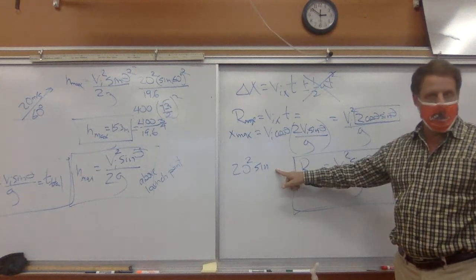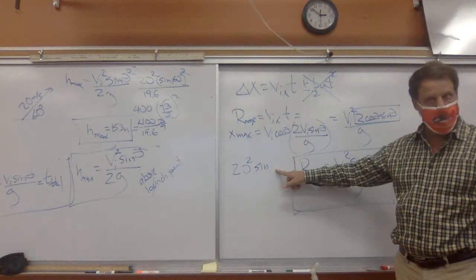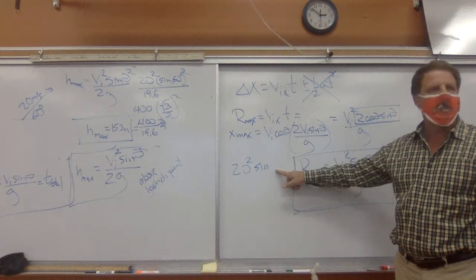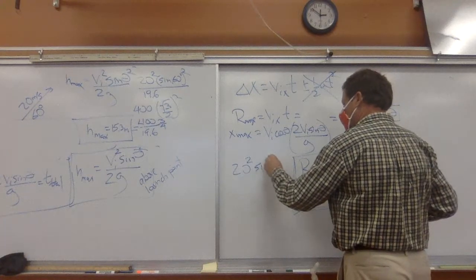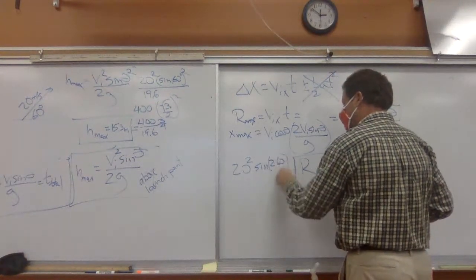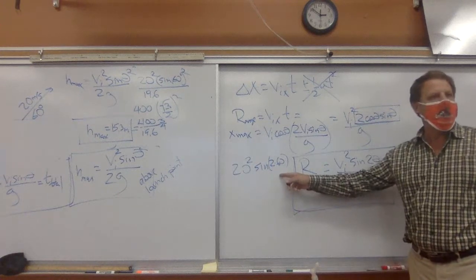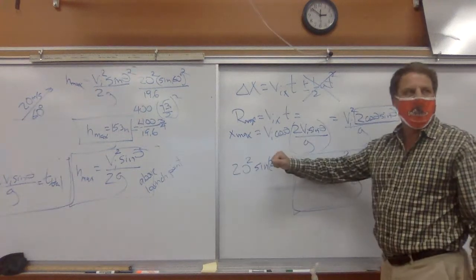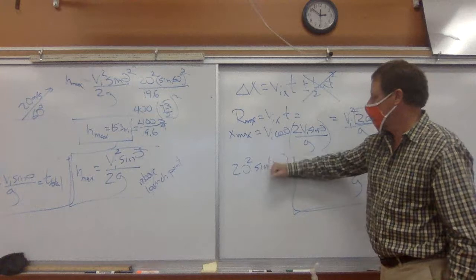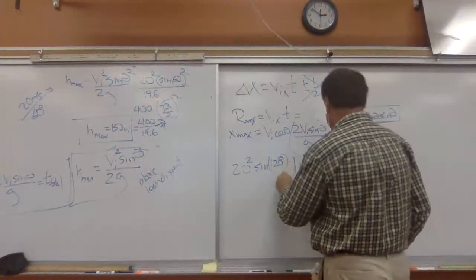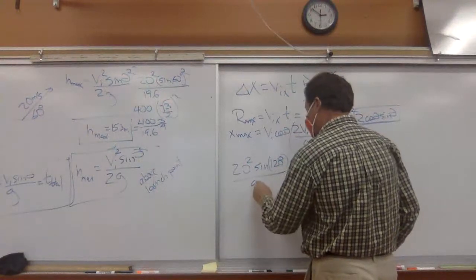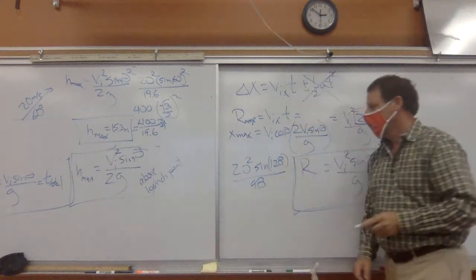What is 2 times 60? Well, 2 times 60 is 120, so we're going to take the sine of 120 and divide it by 9.8.